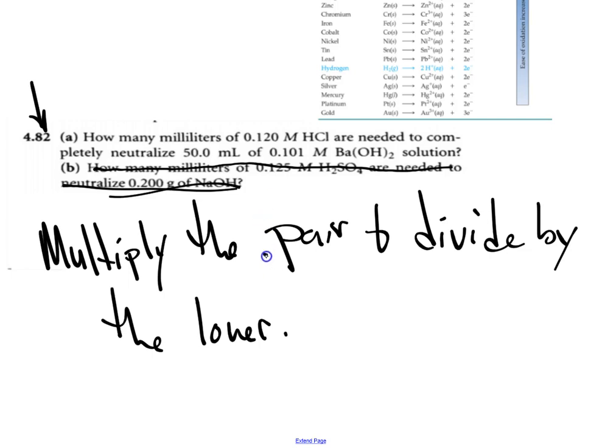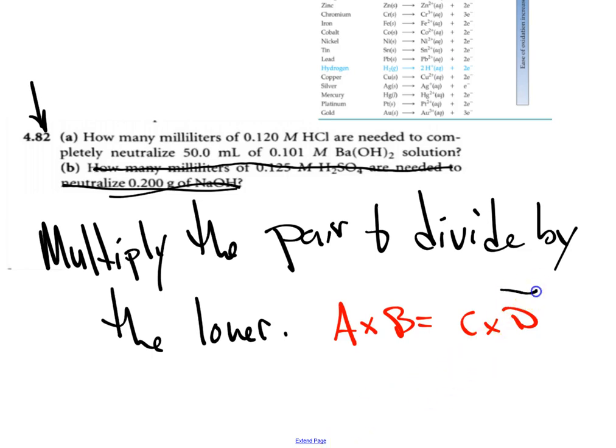So we're going to multiply and divide by the loner. Write that out in your notes. Okay. In a titration or a dilution problem, which you can read about in the textbook, you end up with a math equation that essentially just says, hey, A times B equals C times D. It's a 4-variable equation where you're asked to solve for one.